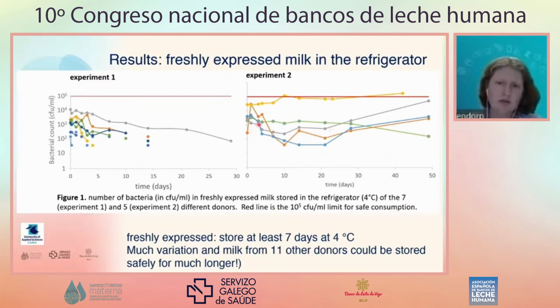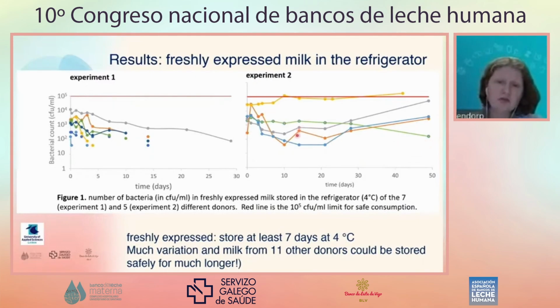So if you leave the milk in the refrigerator for a long time, only a few samples of mothers reach this upper limit. And some of them, this is 49 days. Some of these samples are still okay after over a month in the refrigerator.